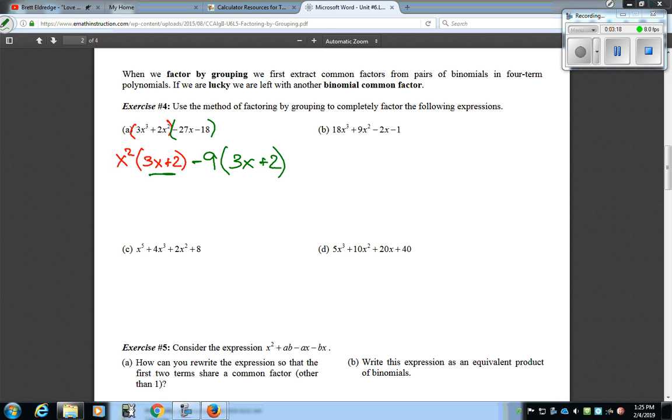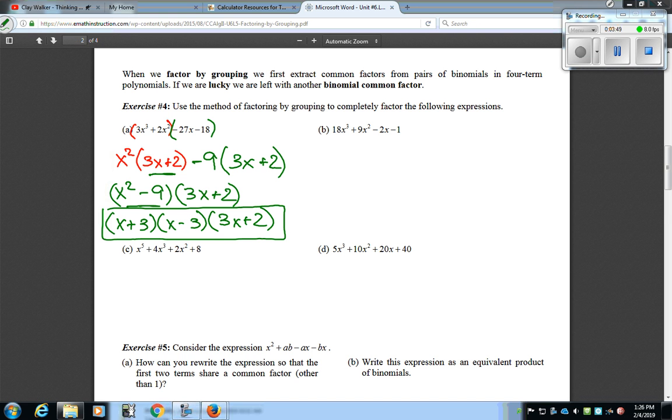Now I can rearrange those terms, and I get x squared minus 9 and 3x plus 2. I notice that x squared minus 9 is one of those differences of perfect squares we talked about. So I can factor this into x plus 3 and x minus 3, and then I have the 3x plus 2 as well from earlier. So my completely factored expression would be this.